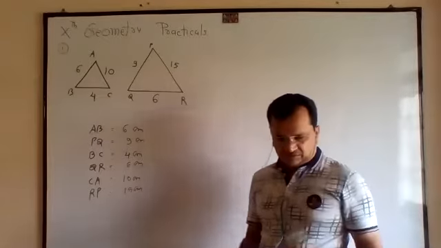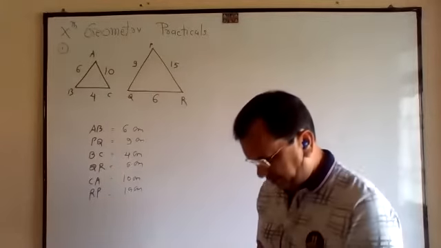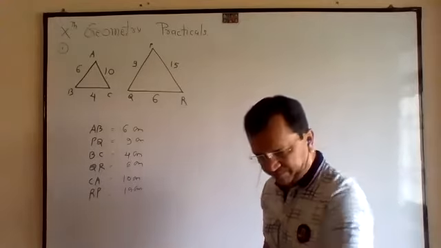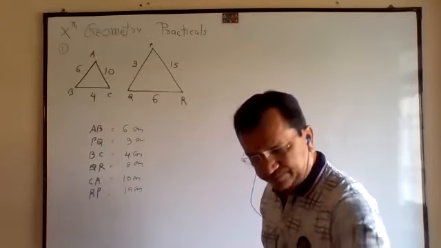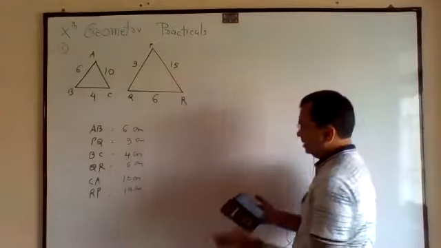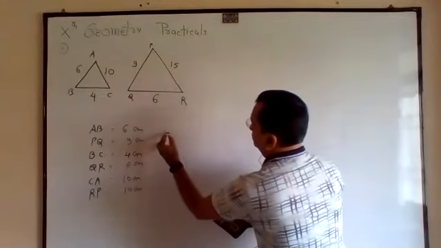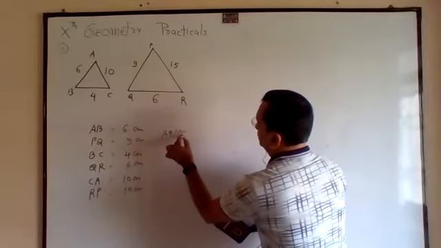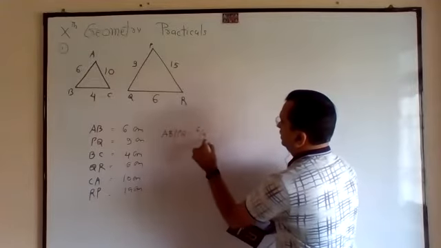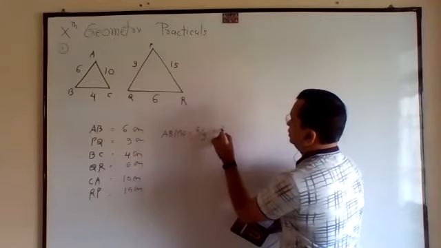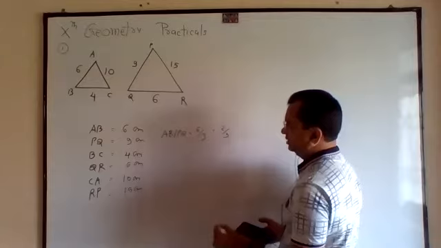Then in the next column of the table, you have to write AB by PQ, that is 6 by 9, 2 by 3.